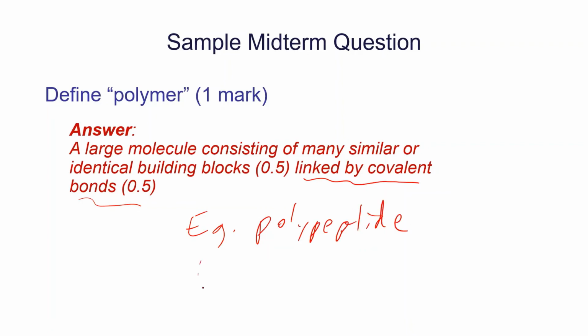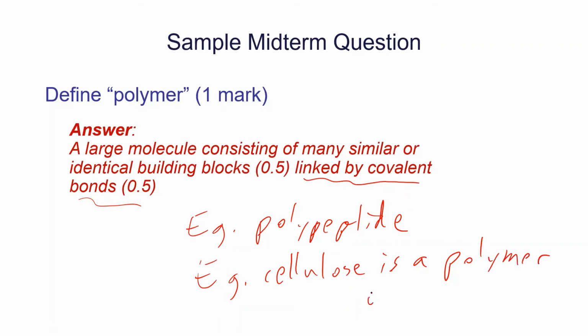Or another example would be cellulose is a polymer of glucose. I know we haven't talked about cellulose yet, but we'll get there. What I'm saying is examples are always great, and not just in my class. When you go through your whole education, answering exam questions or writing essays, giving examples is a great way to support your argument or whatever it is you're trying to do.